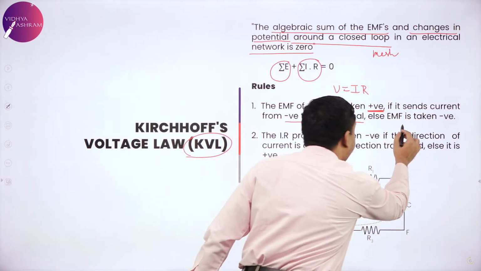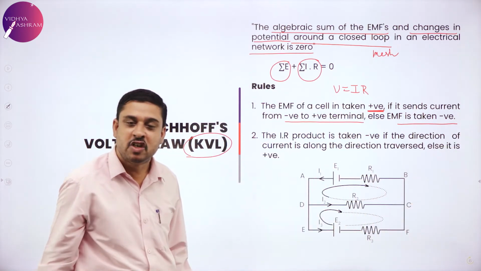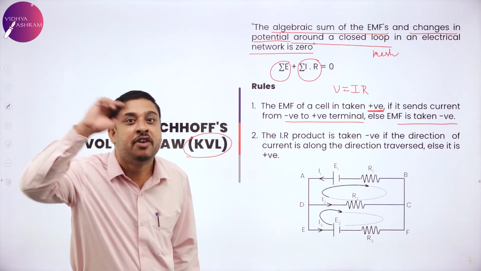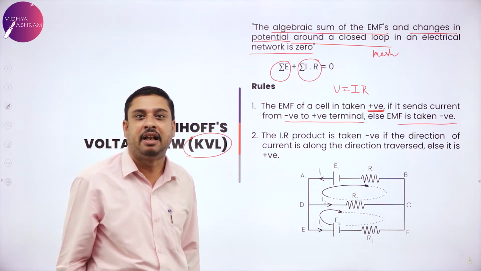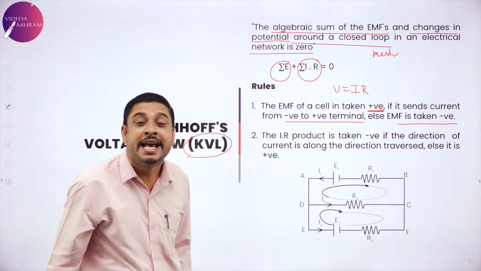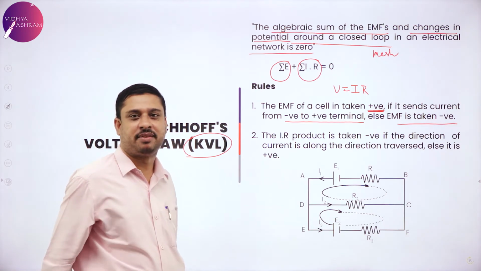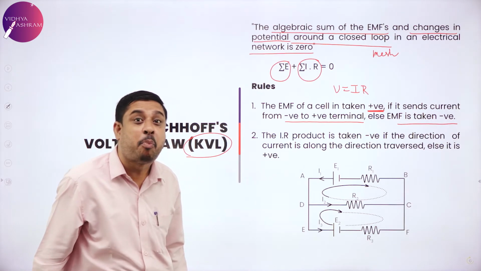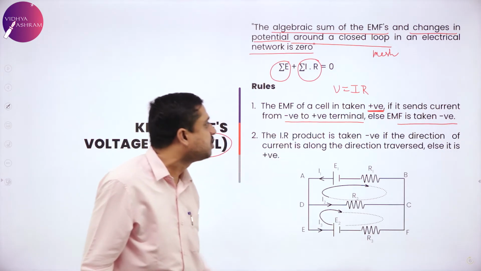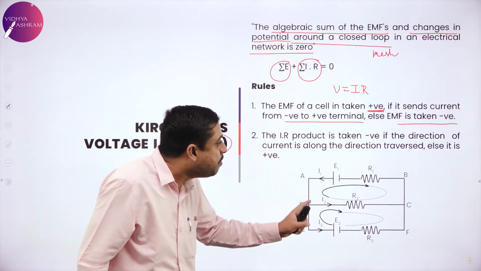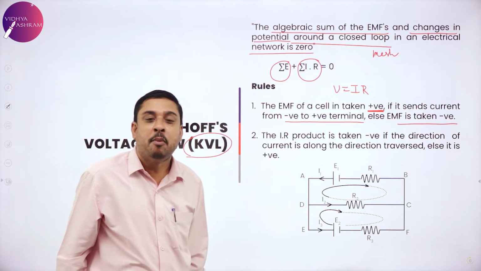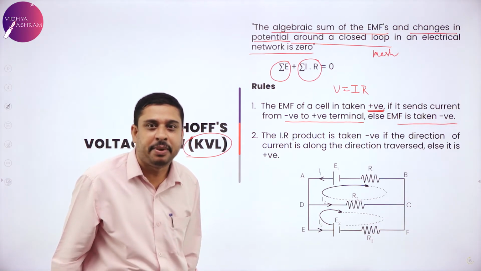Else, EMF is taken negative, which means if current flows from the positive to the negative terminal, then the EMF of the cell is always considered to be negative. Again, a convention. So when is EMF positive? If current flows from negative to positive terminal. EMF is negative when current flows from positive to negative terminal.